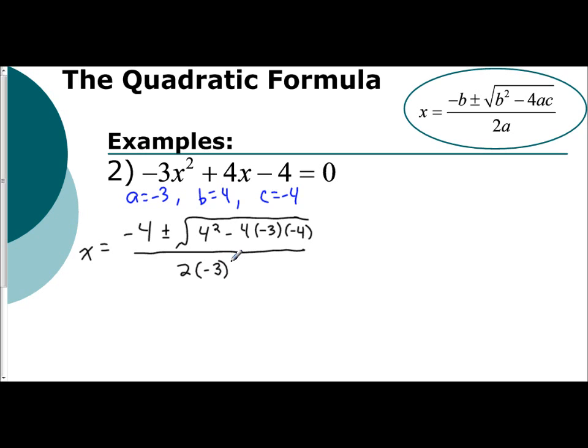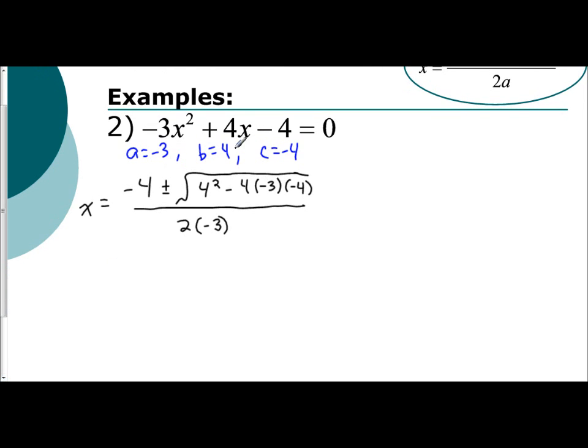So I just plug it in. Do the most basic first, just plug it in. Whenever you have a negative, you're going to want to put it in parentheses and then just do order of operations. Go inside the square root first, since it's a grouping symbol.